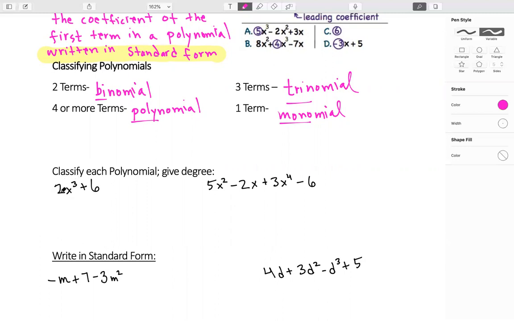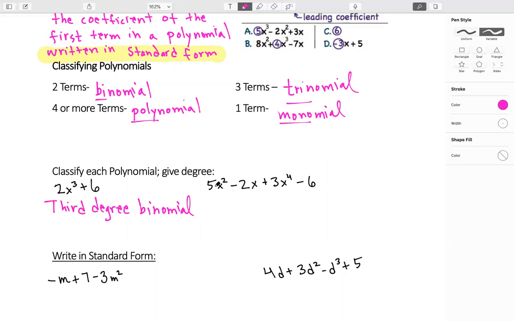So because that term is the third degree, the whole polynomial is going to be a third degree polynomial. So we're going to classify it though according to the number of terms as well. So we'll say this is a third degree binomial. Okay, hopefully that makes sense.